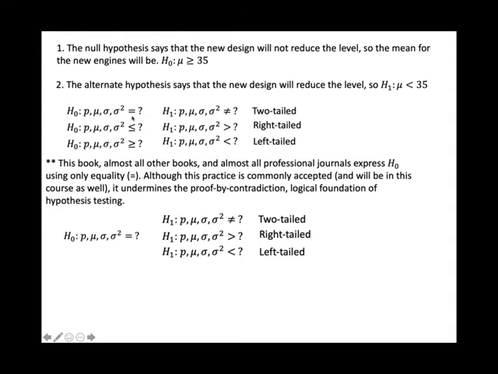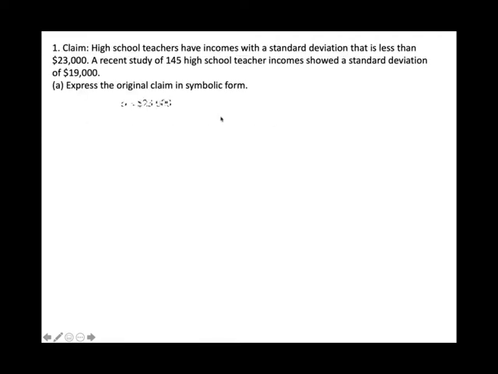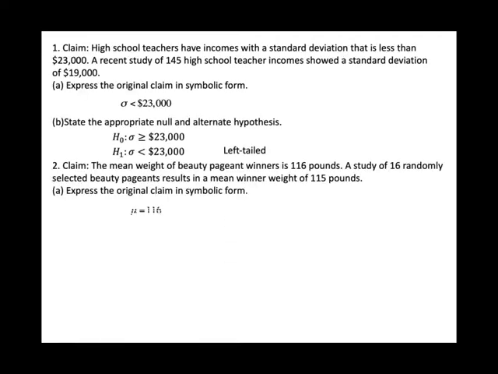And if you have an equal for your null hypothesis, the alternate hypothesis will be not equal to. Okay, equal should go to your null hypothesis. And for the complementary, that will be not equal to. Okay, left tail, right tail, or two tail? Two tail, right?